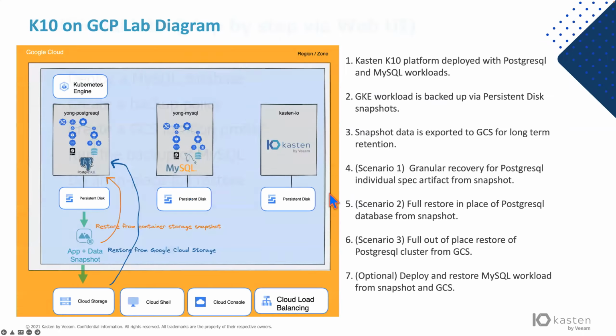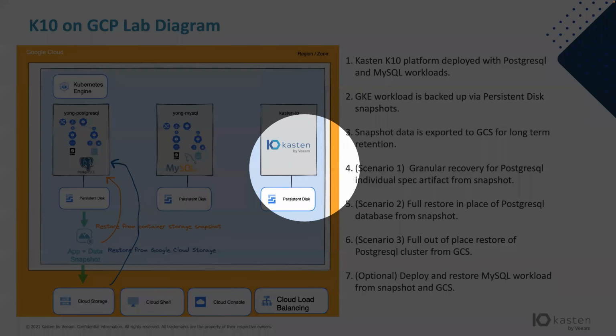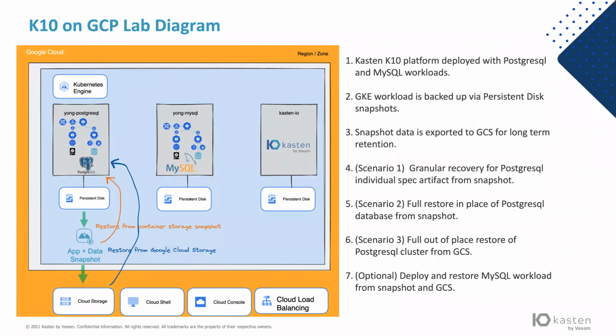Okay. And here's a diagram to highlight what the environment looks like. We are going to create the GKE cluster, Google Kubernetes Engine, in just one region, one zone, one node. For costing purposes, I'm not going to create multiple nodes or multiple regions.